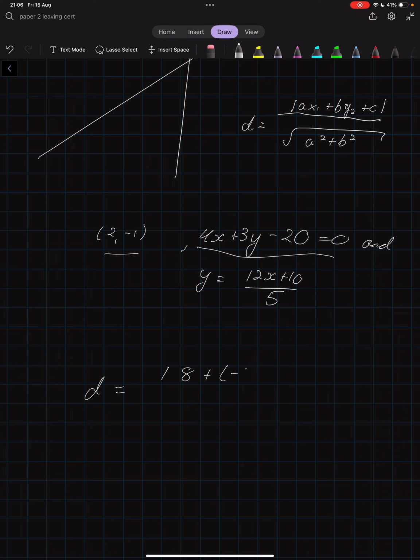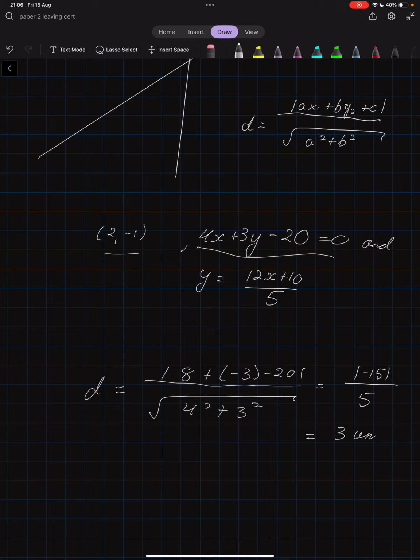So it's going to be minus 3. Minus 20. All over the square root of 4 squared plus 3 squared. So on top, we're going to get 8 minus 3 is 5. 5 minus 20 is minus 15 over 5. This is 3. So it's 3 units. Okay?